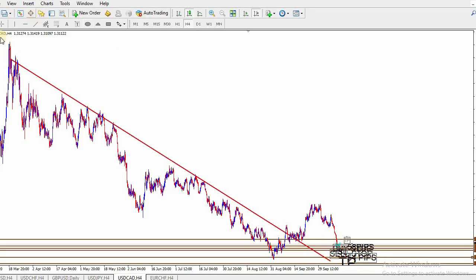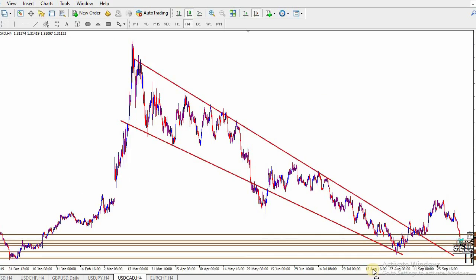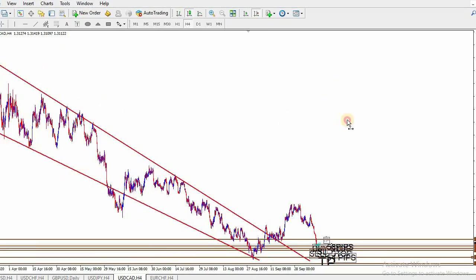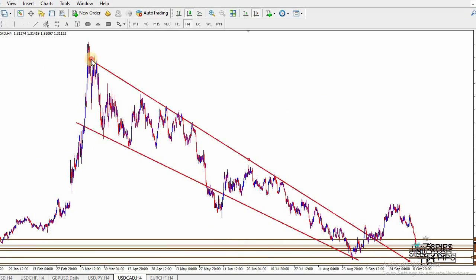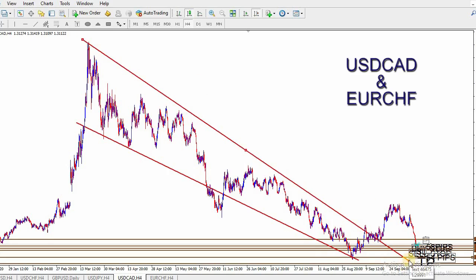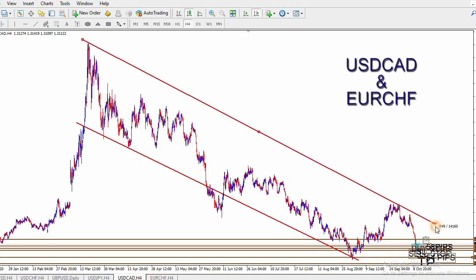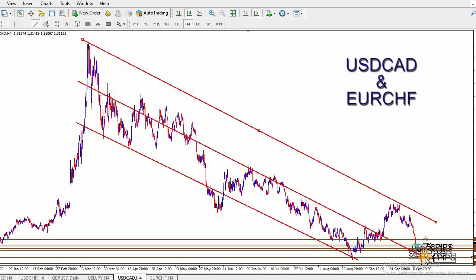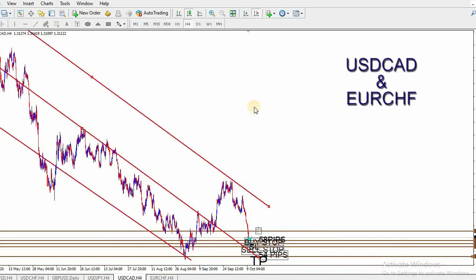Okay, this is one. This is two. Then we have a midpoint. You know me and my midpoints. I don't joke with my midpoint. Midpoints are my guarantors.